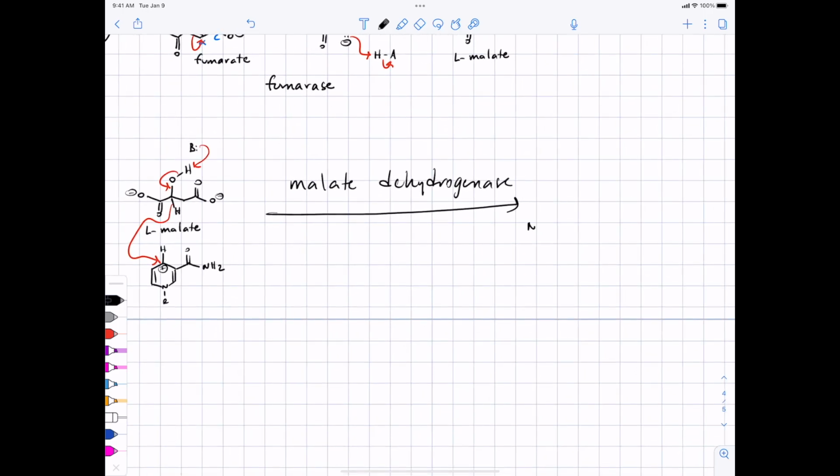And your final product is NADH and oxaloacetate, and with that, you're ready to go around again.